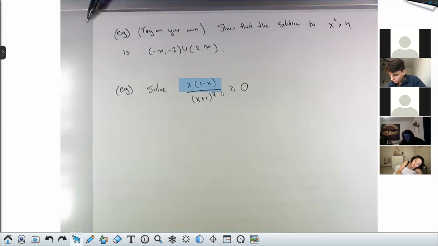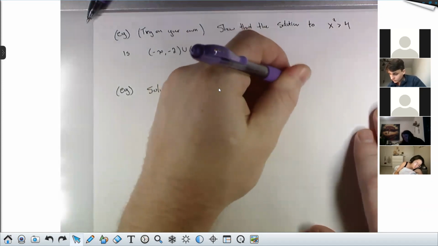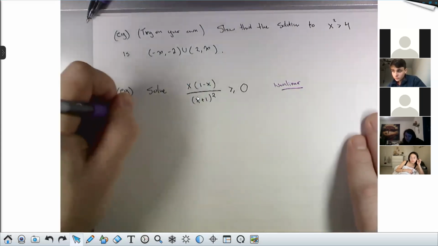Up here, if you were to multiply this out, you would also have an x squared upstairs. So definitely this is nonlinear. Given that we know it's nonlinear, we're not going to try to do any fancy algebra to isolate x. Instead, we're going to take each factor, including the factor downstairs, and set them equal to 0. Your first step.